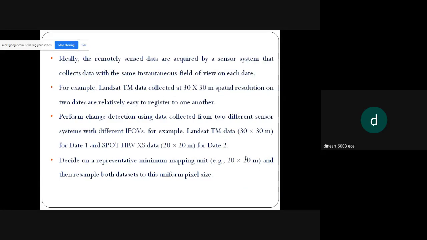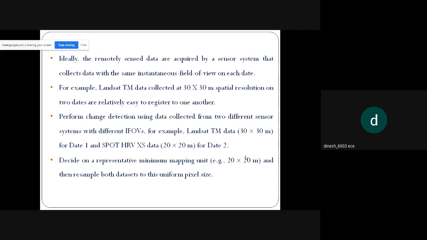Finally, the remotely sensed data are acquired by a sensor system which collects data with the same IFOV on each date. For example, Landsat data, which is collected at the 30 by 30 meter spatial resolution on different dates, could be relatively easier to register one to the other.